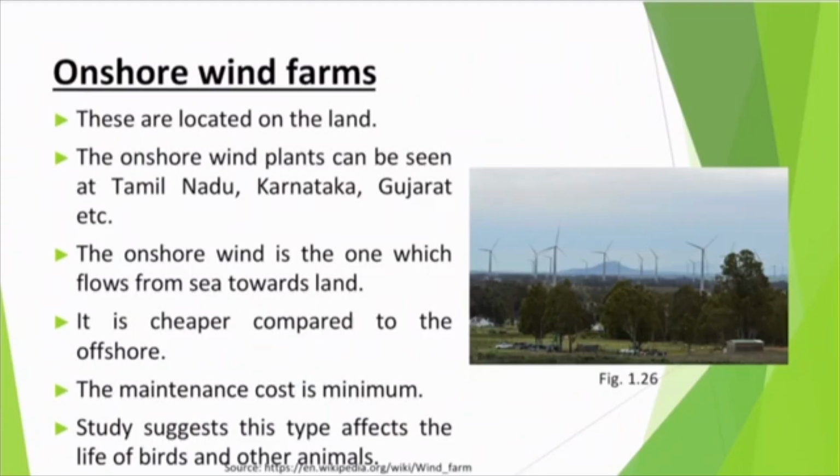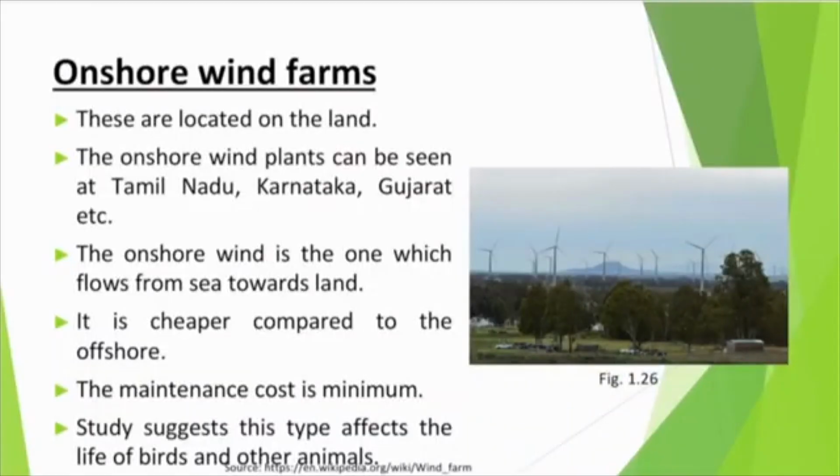When there is wind flow from the sea towards the land, that is the location where onshore wind turbines can be installed. It is certainly cheaper compared to offshore technology because you can easily put a substation near it, extract the power, and integrate with the distribution system.